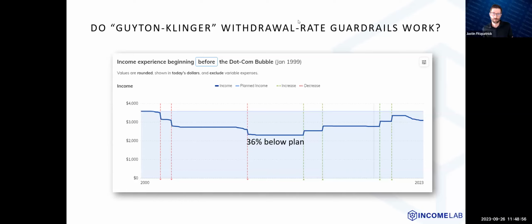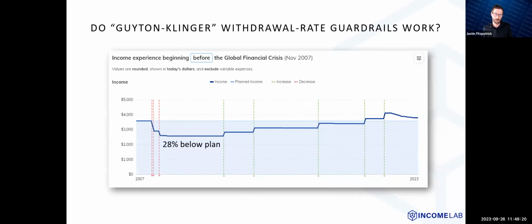Yeah, I think to address that question with the withdrawal rate guardrails or Guyton-Klinger guardrails in mind, that is another one of those issues with, again, these research pieces were put together in an idealized context where it's a 30-year plan and it's a particular type of portfolio and so on.